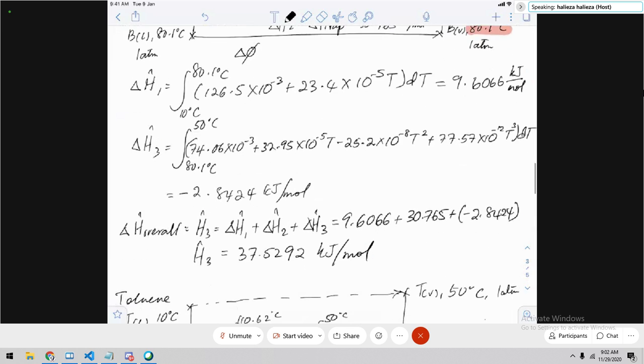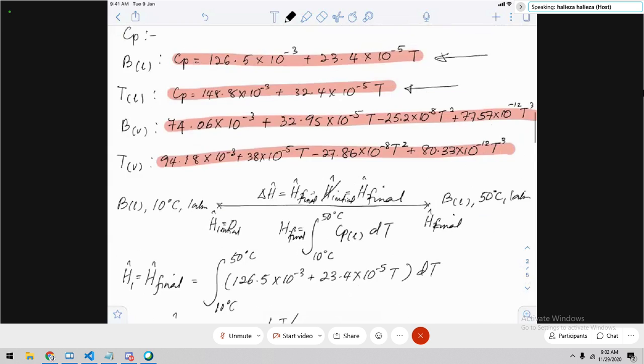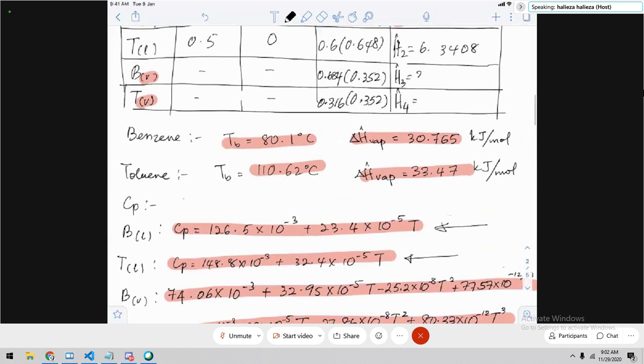H3 is 37.5292. I need to fill up this table. Did I get 35 or is it 37 just now? It's 37, sorry. 37.5292. The next value that we need is H4, enthalpy 4.